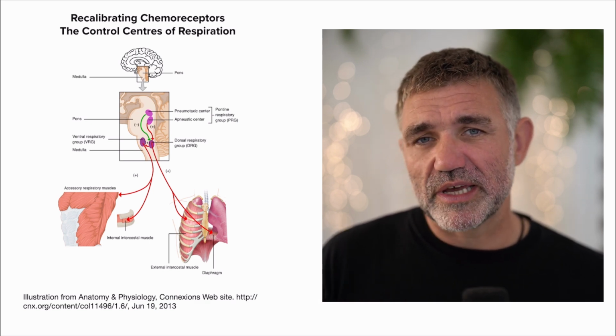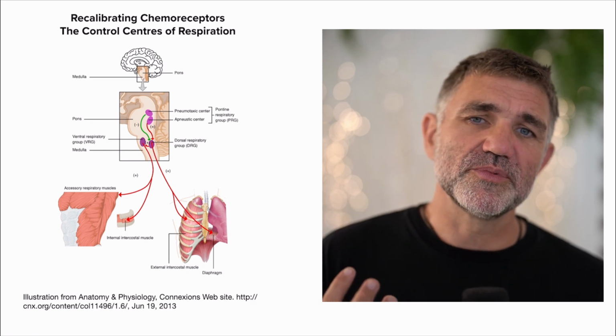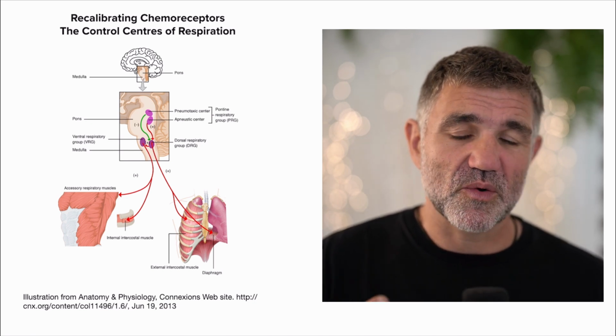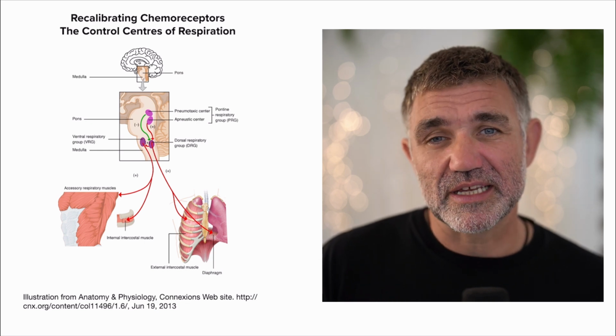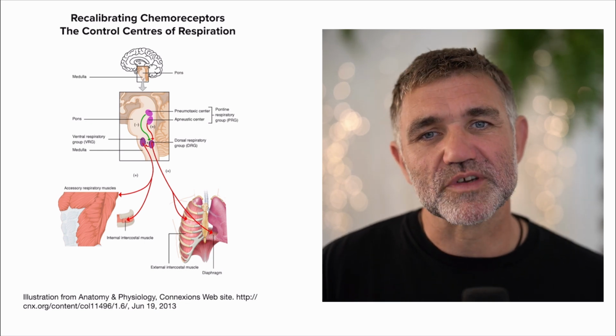So at any point, whether we are active or at rest, we want to have the optimal amount of carbon dioxide in the bloodstream, because that will make our breathing more functional, less effortful, more calm, more restorative.